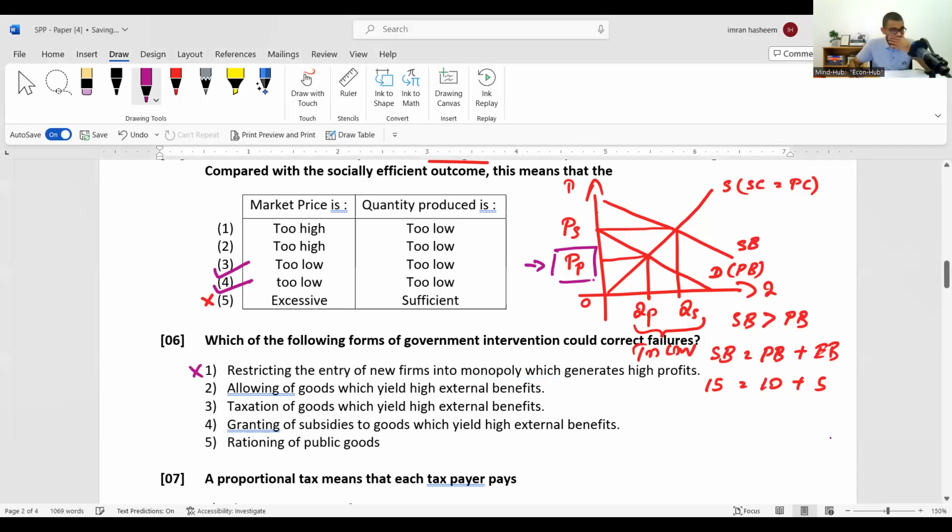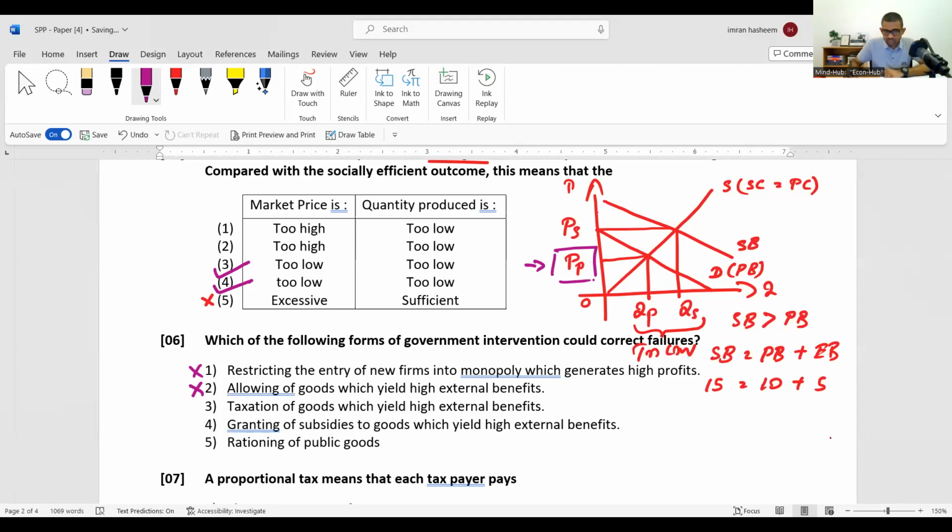So that's out. Allowing of goods which yield high external benefits. Allowing of goods, not that we have banned goods with high external benefits, no, right? We haven't stopped them from taking place. The market doesn't recognize the external benefits. That's the problem. So that's not an intervention to correct market failure.